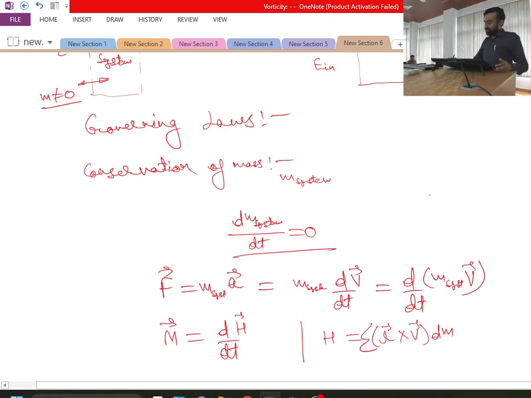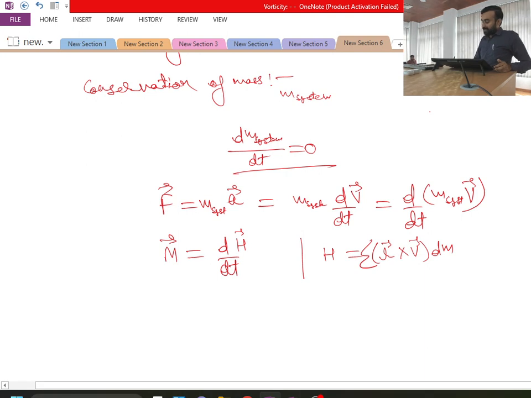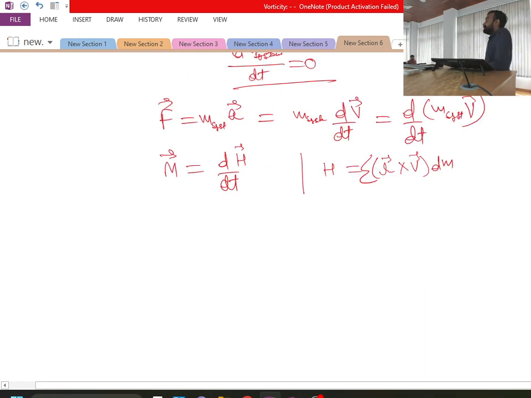Then similarly, what next will I have? The third important governing law. First is mass conservation, second is momentum conservation. In momentum conservation I have included both linear momentum as well as angular momentum. And the third one is energy conservation.